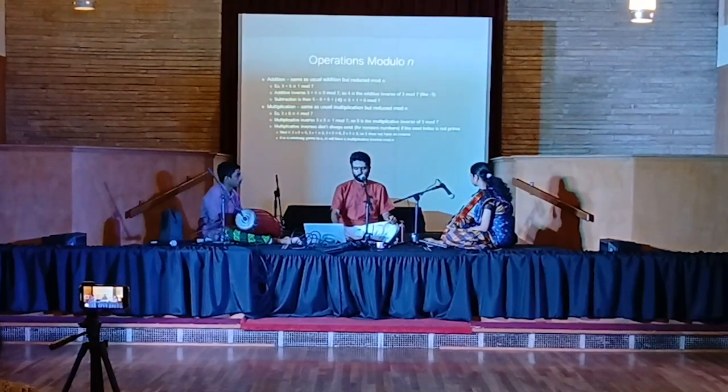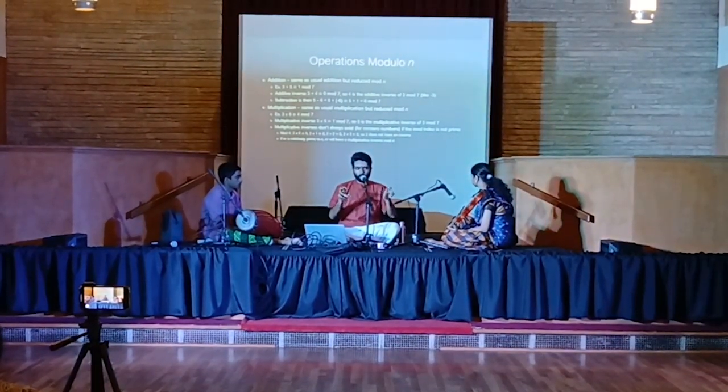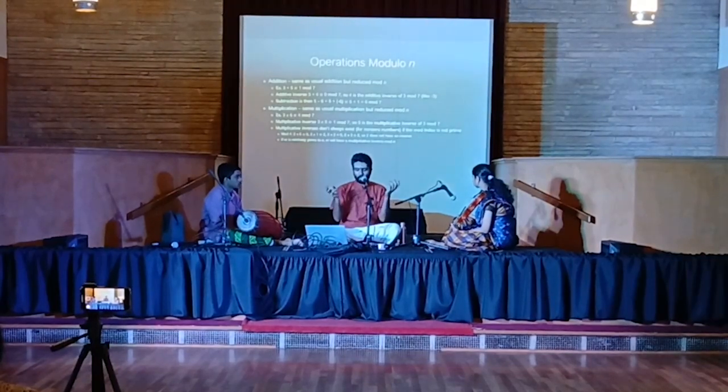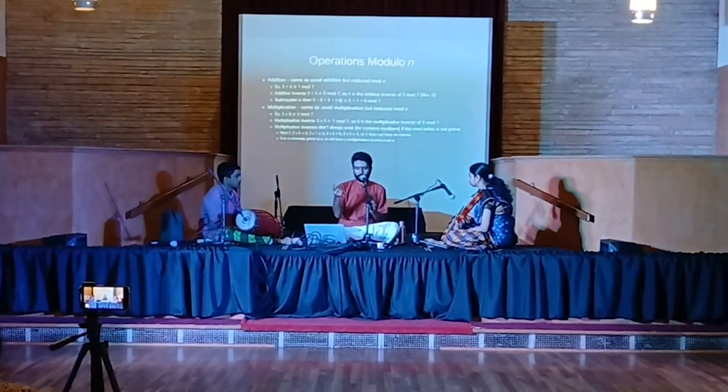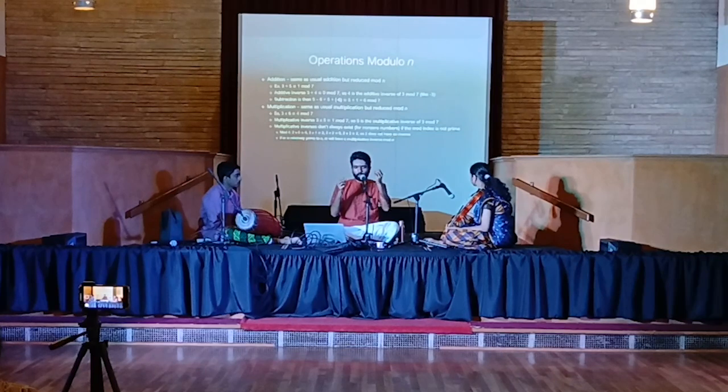Well, 2 times 0 is 0. 2 times 1 is 2. 2 times 2 is 4, but 4 is 0. And 2 times 3 is 6, but 6 is 2. So no matter what number I multiply by, mod 4, I will never get 1 as the result, which means 2 doesn't actually have a multiplicative inverse in mod 4. And that's a really important thing.